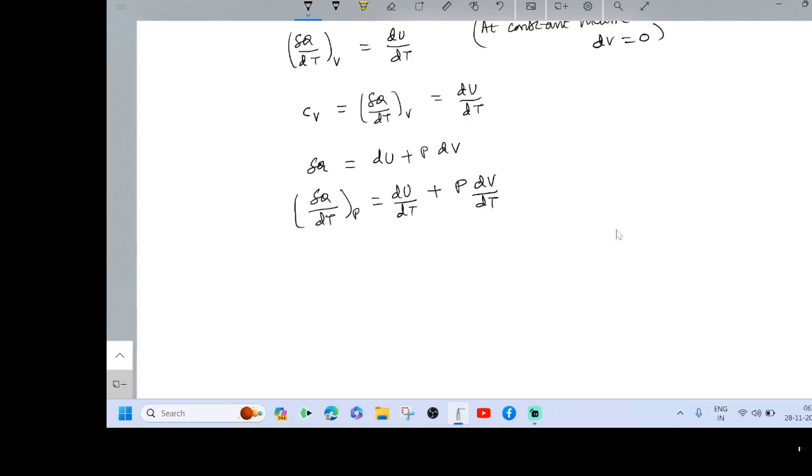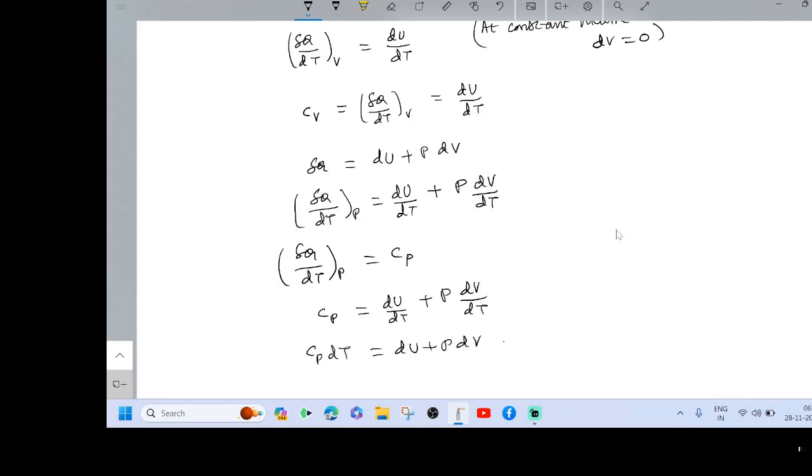Now dQ/dT at constant P is Cp. Therefore, the above equation is written as Cp = dU/dT + P dV/dT. Then Cp dT = dU + P dV. Keep this equation too.